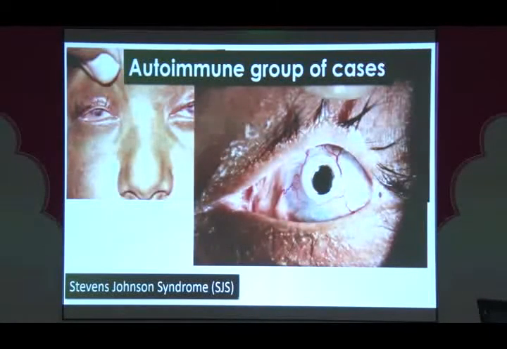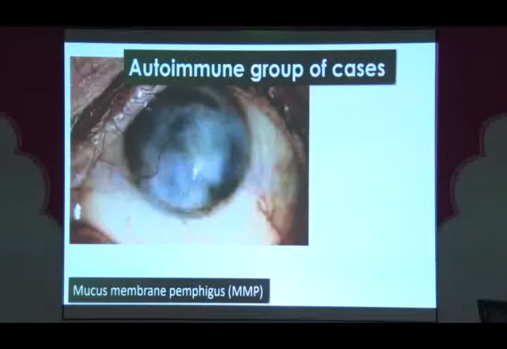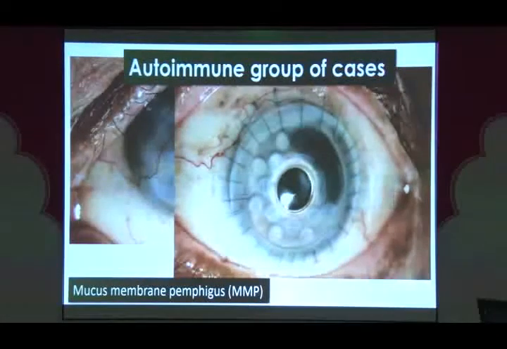But there are some cases you could still do, because OKP and type 2 are very difficult and may not be a one-stage procedure all the time. So you have these two groups, SJS and MMP. In selective cases, you can also try Boston type 1.